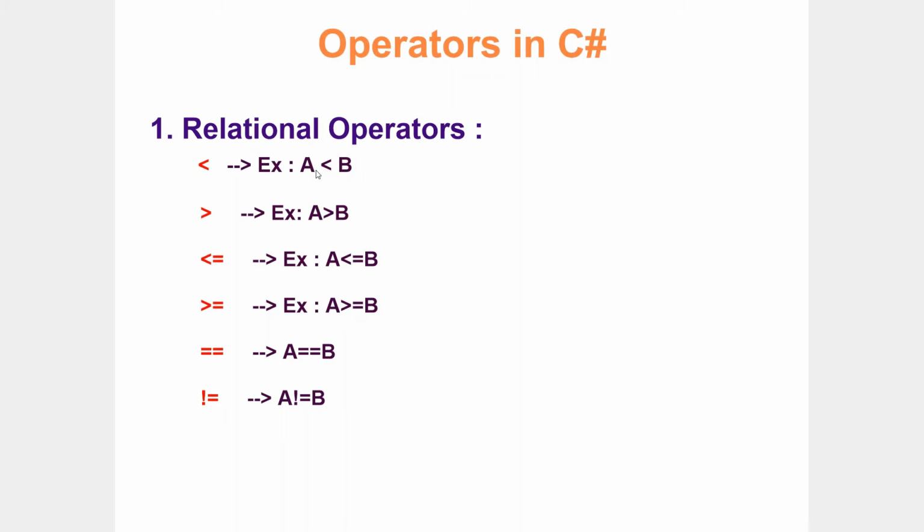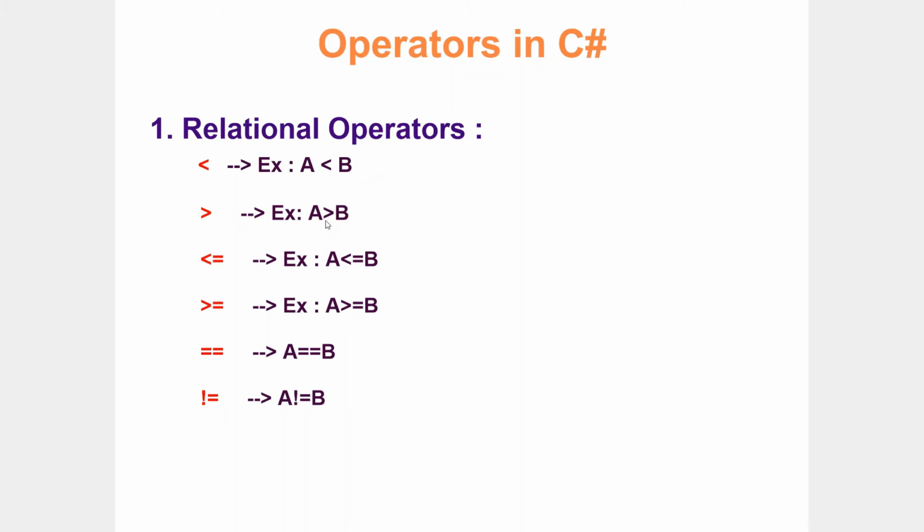If A is really less than B, it returns true, otherwise it returns false. So the final outcome of this operation is going to be a Boolean value. It can be either true or false.